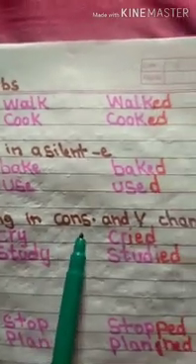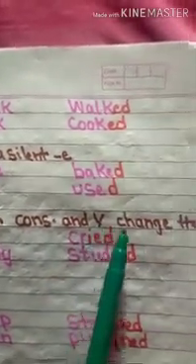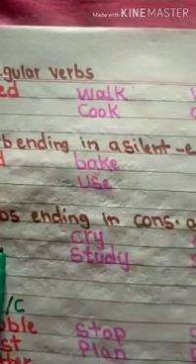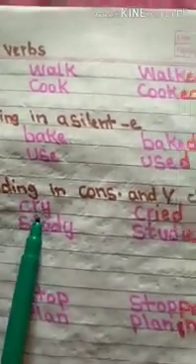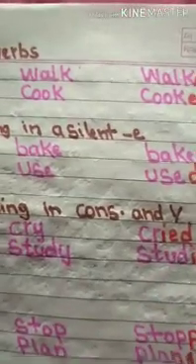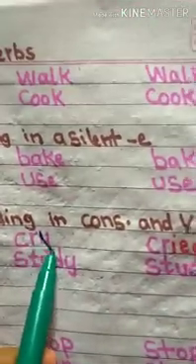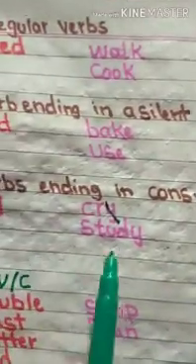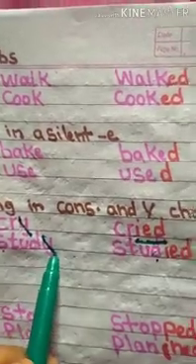Verbs ending in a consonant and y, change that y to ied. So cry becomes cried. Here we remove y and add ied. Study becomes studied. Here we remove y and add ied.